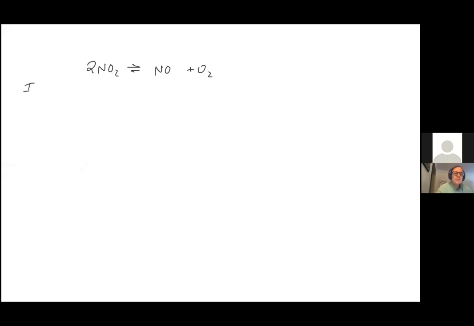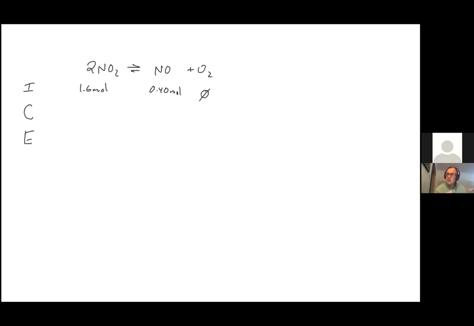We have 1.6 moles, and then for the NO it is 0.4 moles. Now if they don't tell us anything about O2, we have to assume it's 0. So no information given about one of them, it's just 0. Then they ask us to do the change and then the equilibrium.